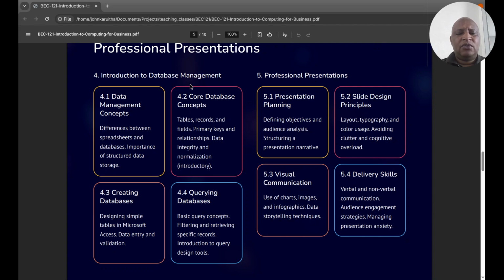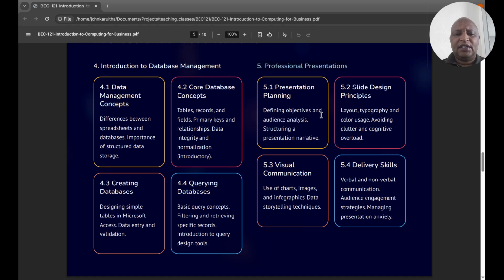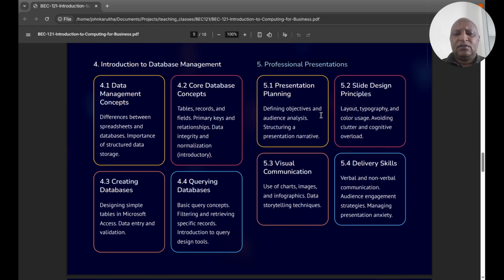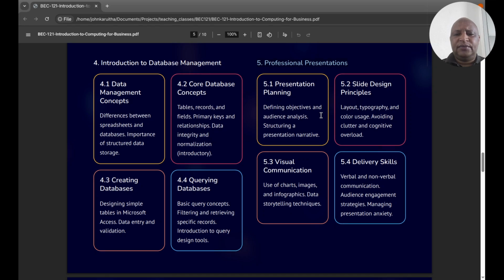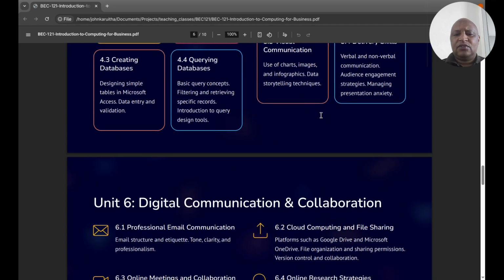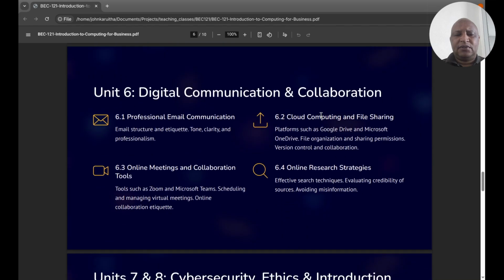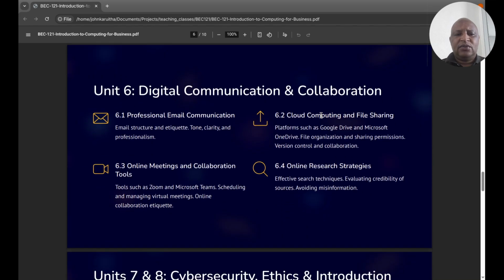So what are the principles of doing that? Then professional presentations: how do you create your presentations, how do you choose proper colors, how do you lay your content so that it is as impactful as possible.